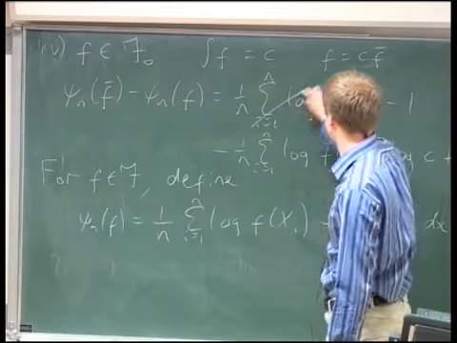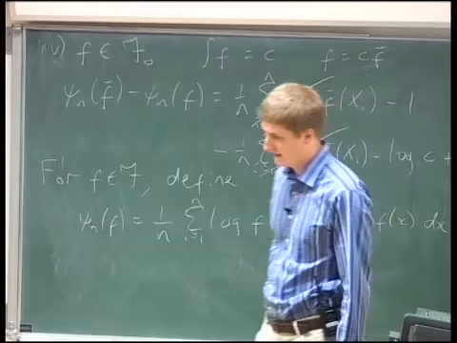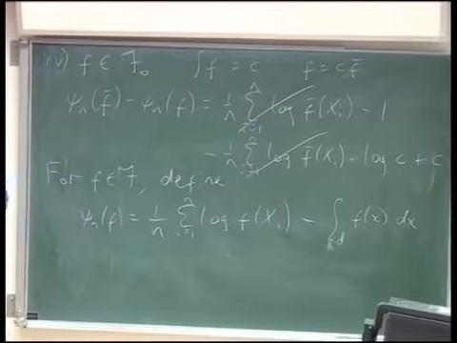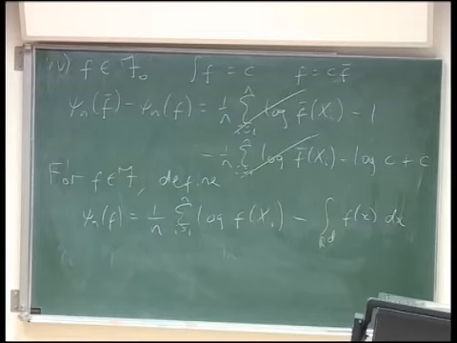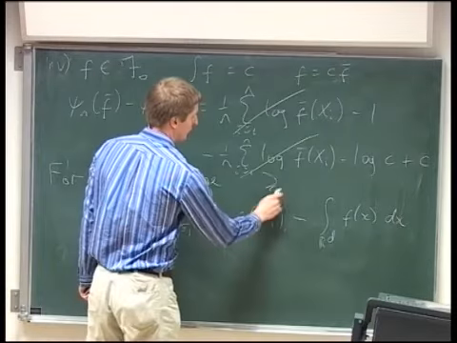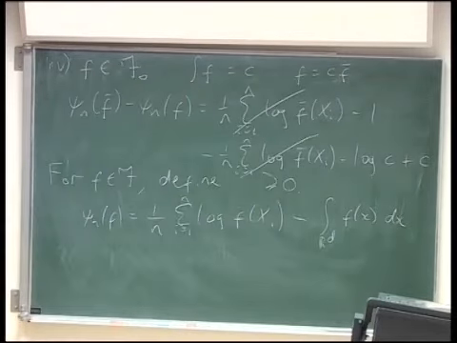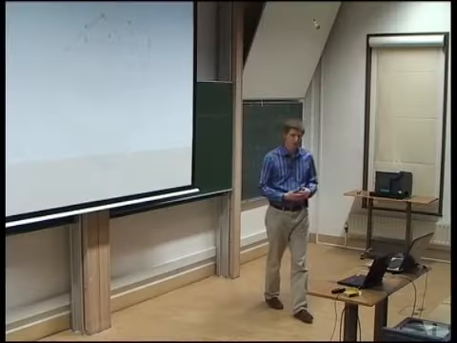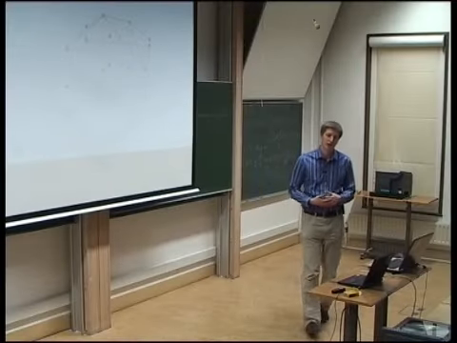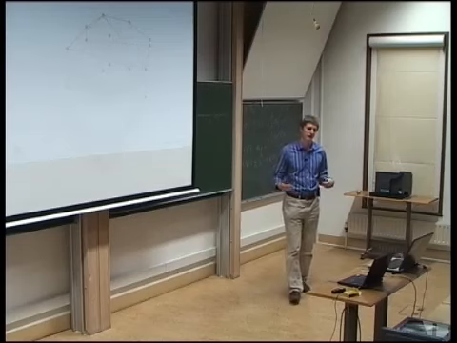And of course these two terms cancel out here, and the function minus 1 minus log c plus c has a unique minimum, takes the value 0 when c is 1 and otherwise it's positive. So I'm better off using the scaled version that gives me a density than I am using the log concave function to start with.